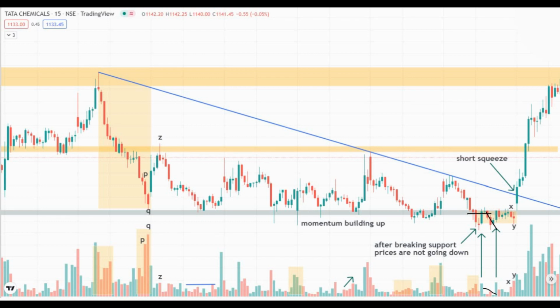Now look at X and Y. Increase in volume, but what happened to the spread? Very narrow spread, and at Y there is a pop in volume compared to X, but this is a doji candle. So all these background conditions suggest that buyers are in control, and that's why prices are not going towards the downside.